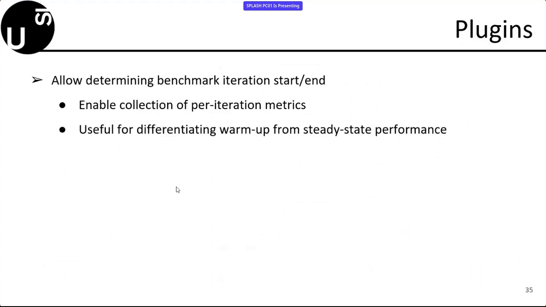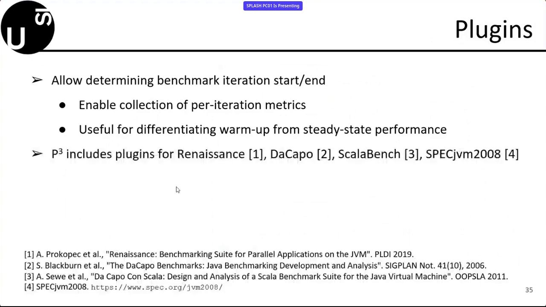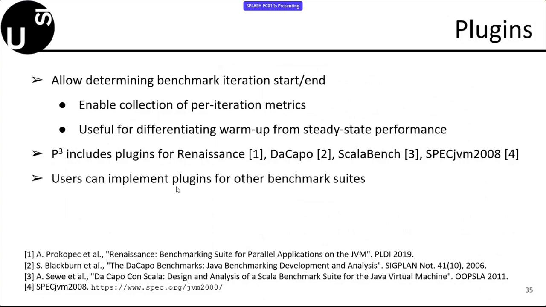For example, this can also be used to differentiate the warm-up from the steady-state performance. At the moment, P3 includes plugins for the Renaissance, the Capo, ScalaBench, and SpecJVM 2008 benchmark suites, and users can implement other plugins for other benchmark suites.